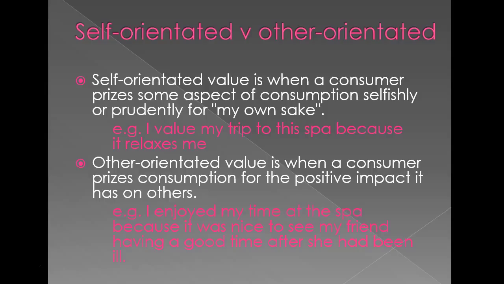So here, if I'm self-orientated in my view on value, I'm actually selfishly thinking, well, what are the benefits to me? If I'm more other-orientated in my views on value, then I tend to be a consumer that would look at its positive impact on others. So, for example, if we look at the same spa day, I would be thinking, right, I'm here with a friend and isn't it lovely?